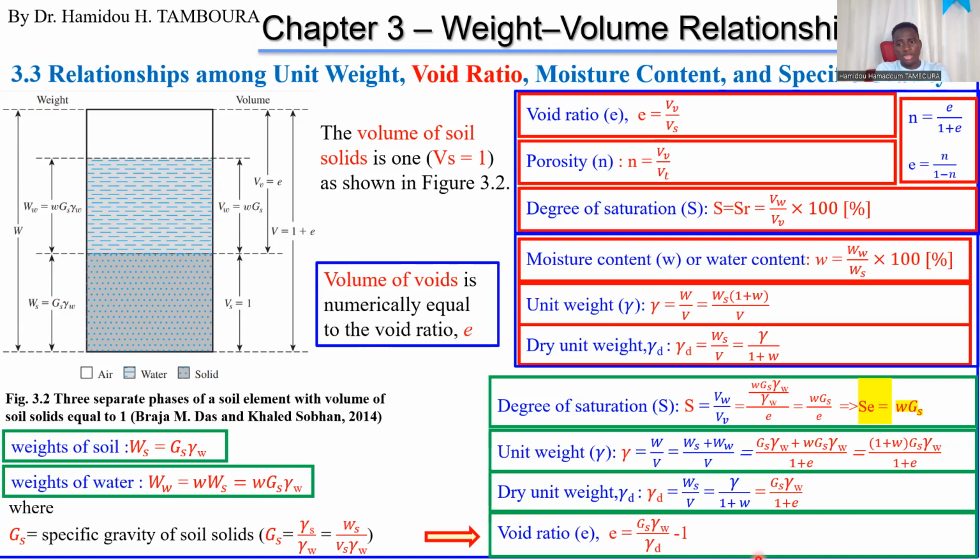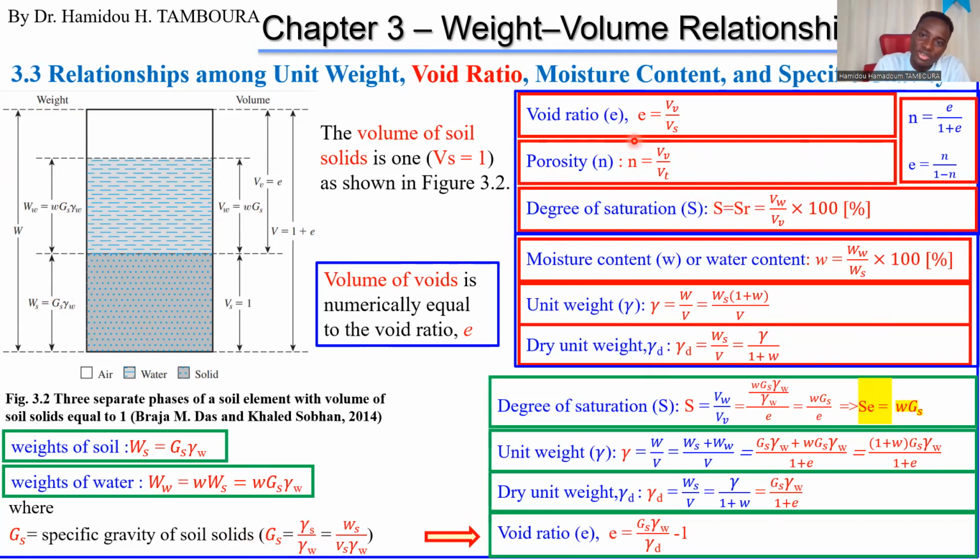And remember this form. I'm not asking you to memorize all these formulas. It will be difficult. Just try to remember how to establish them by using the specific gravity and the preliminary definitions.